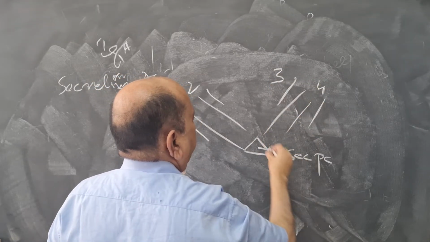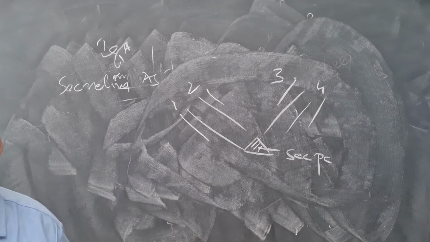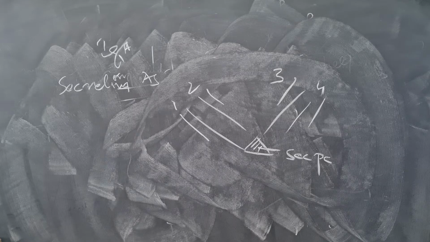What are the secretions of the body? Oral cavity, saliva, tears, sweat, sebaceous secretions, vaginal secretions, all secretions of the body, and also gastrointestinal secretions.